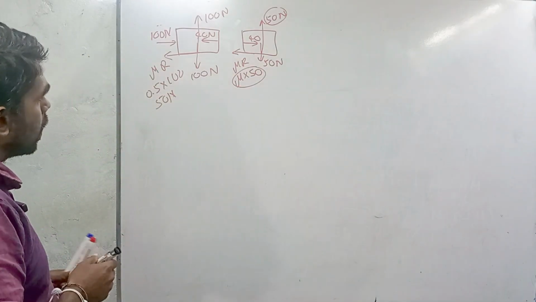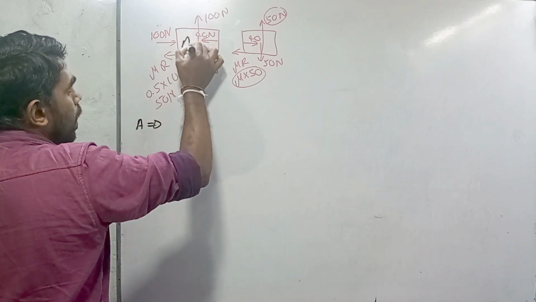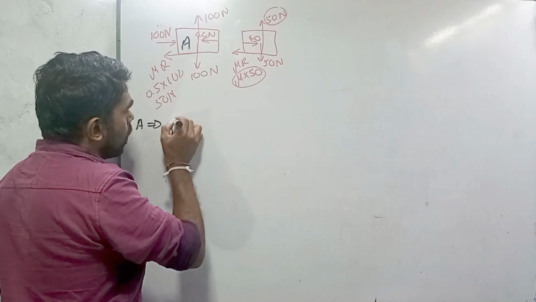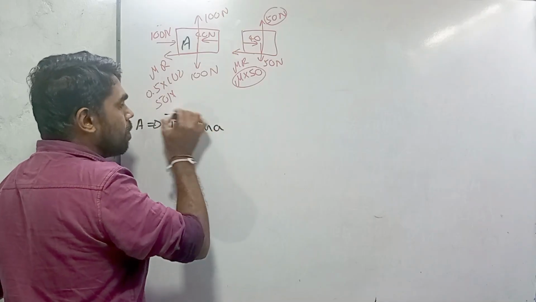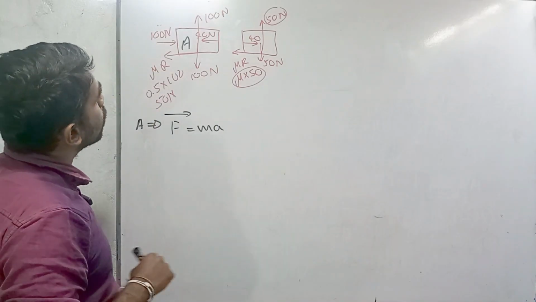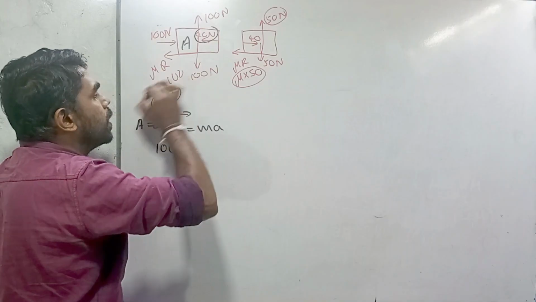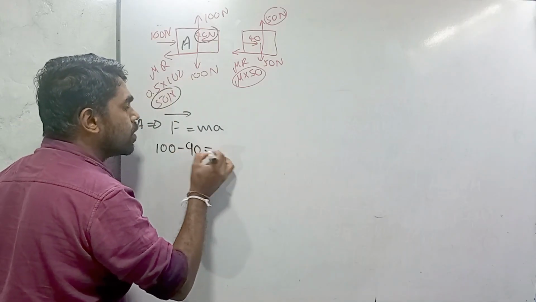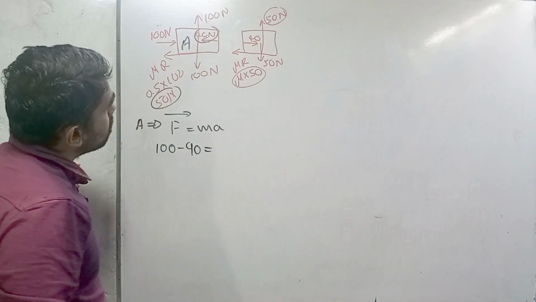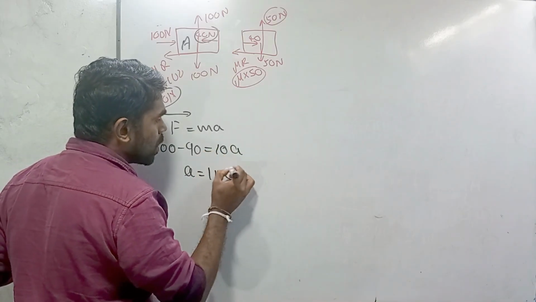Then we can use F equals ma for object A in the horizontal direction. The supporting force for the motion is 100. Opposite forces are 40 and 50. We have to subtract 90, the sum of opposite forces. Mass is 10 kilograms. We can find the acceleration is 1 meter per second squared.